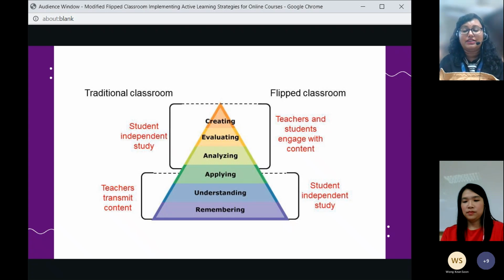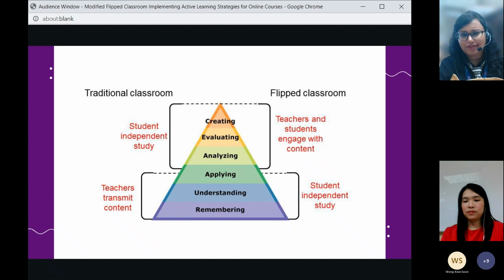When I say the word facilitating, my HOD likes this particular word. We are not lecturers, not teachers anymore, but more of facilitators, as in we are guiding them. With the help of technology, students can Google the answers. So why are you there when students can Google all the answers?